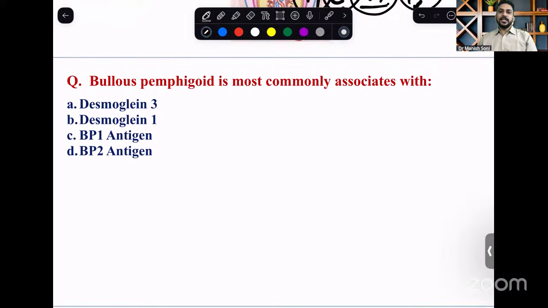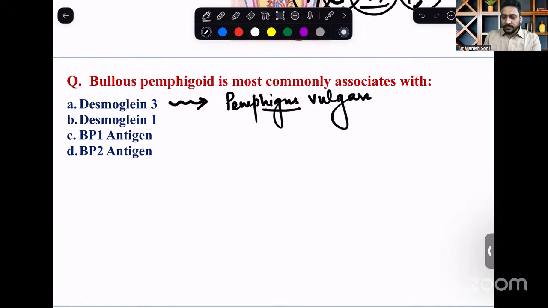Then there is a blistering condition known as bullous pemphigoid. Bullous pemphigoid is most commonly associated with which of the following? Now see, desmoglein 3 is the antigen involved in a condition known as pemphigus. To be more specific, it is involved in pemphigus vulgaris. While desmoglein 1 is also involved in pemphigus, it is involved in pemphigus vulgaris as well as pemphigus foliaceus.